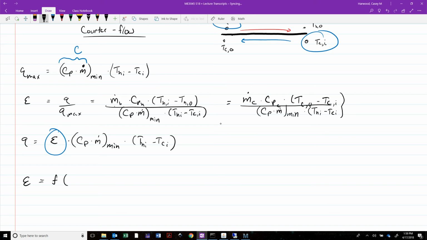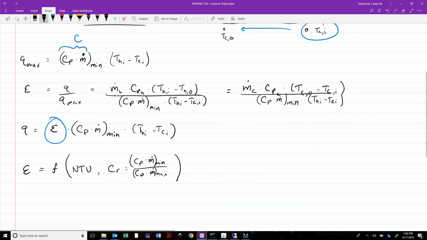The first is what's known as the NTU parameter, and the second is the ratio CR, which is actually just defined as Cp dot m dot min over Cp dot m dot max. So if we know m dot and Cp for both of the fluids, this guy's really easy to calculate. It's just bookkeeping.